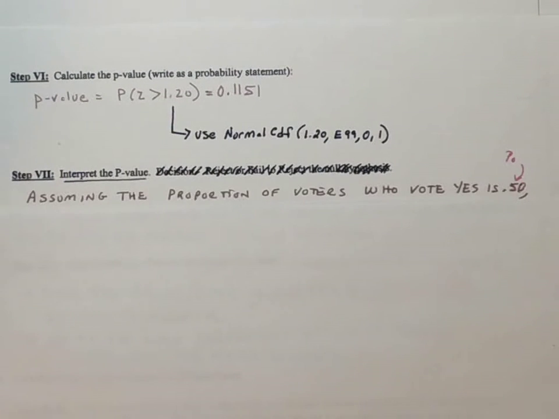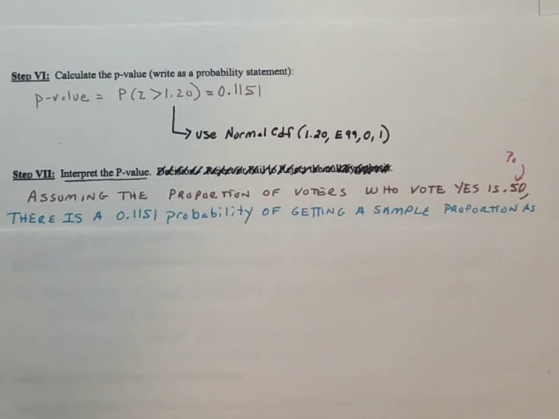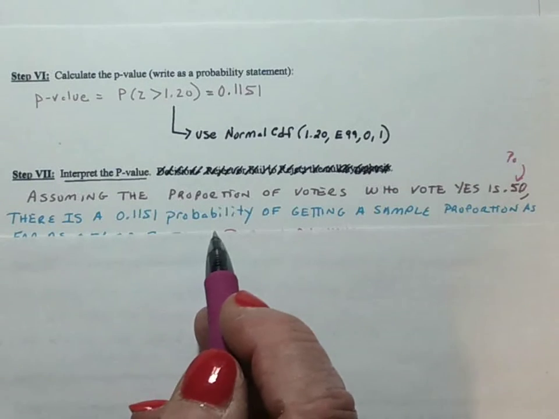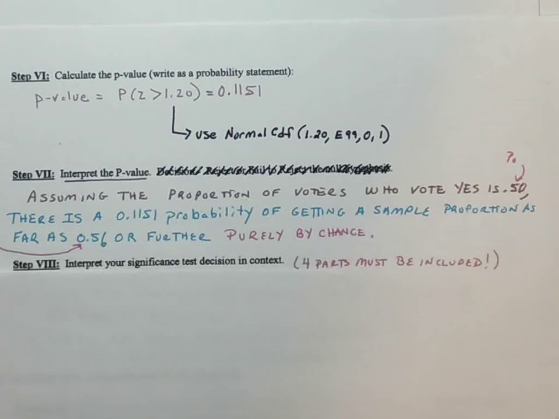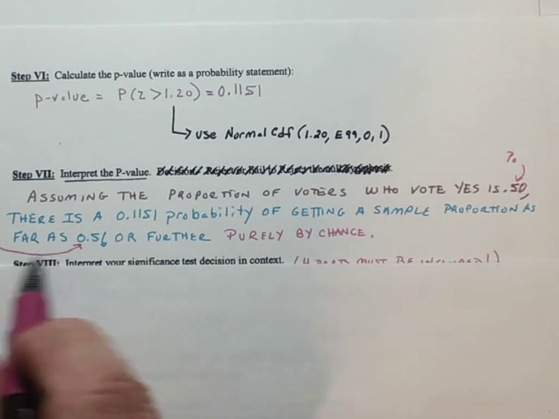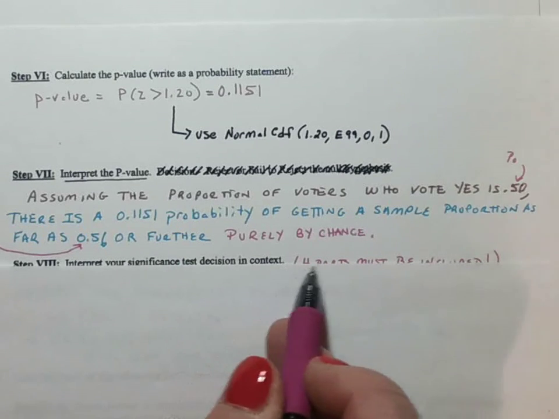But assuming the proportion of voters who vote yes is 0.50. So you have to assume that the null hypothesis is 0.5. There is a 0.1151 probability of getting a sample proportion as far away from your p-hat, 0.56 or further, purely by chance.